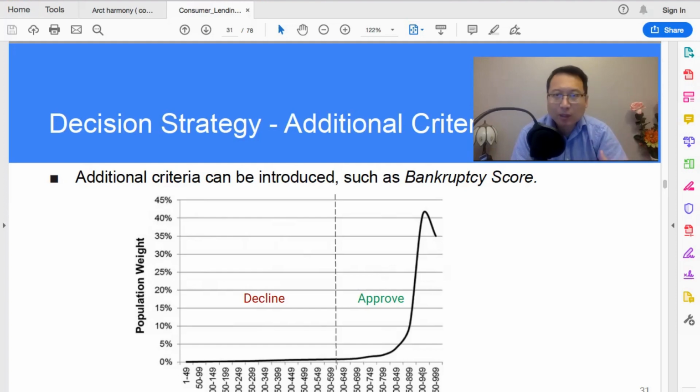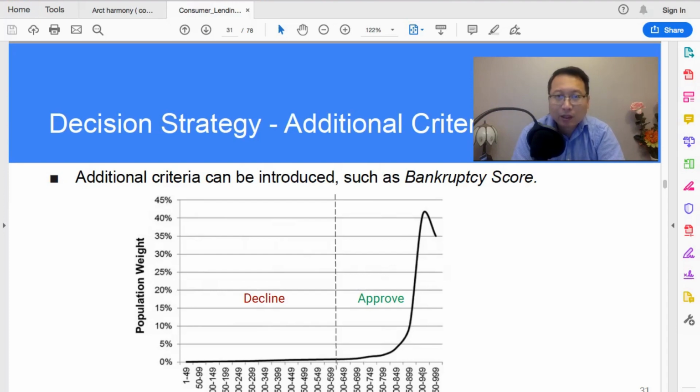But just remember, once you introduce more decision elements, the complexity of your strategy increases. So you have to balance the benefit gained from finer segmentation versus the complexity.